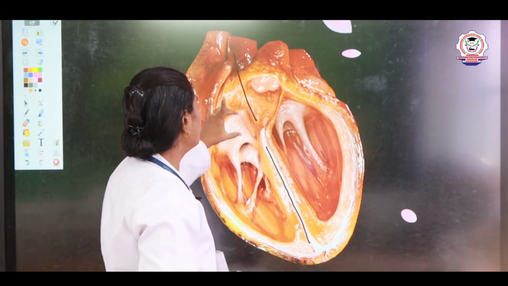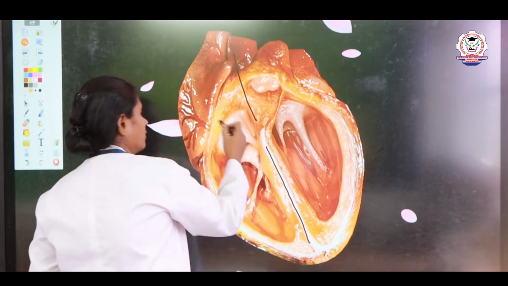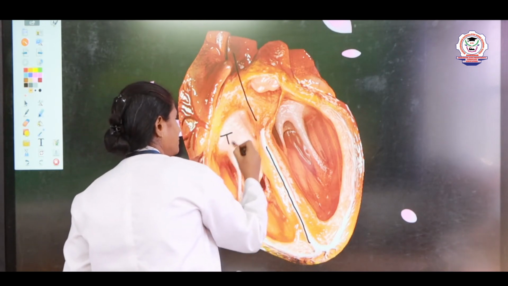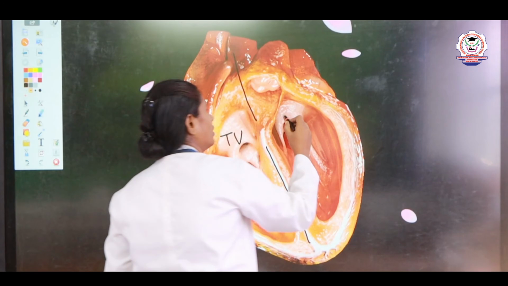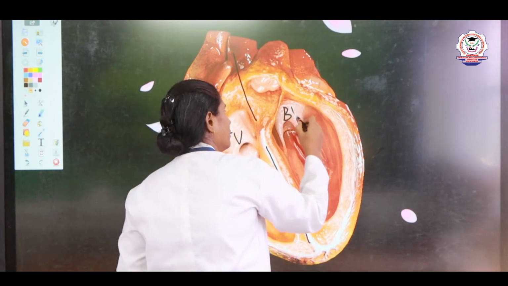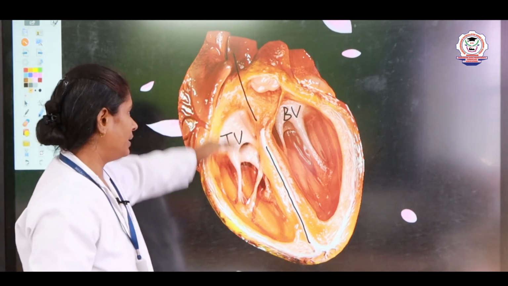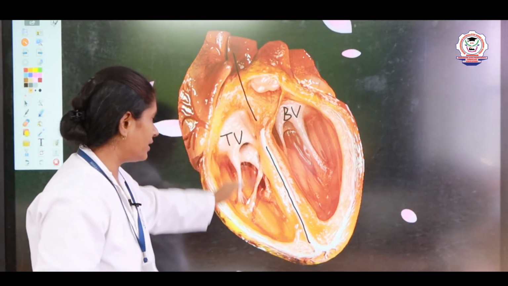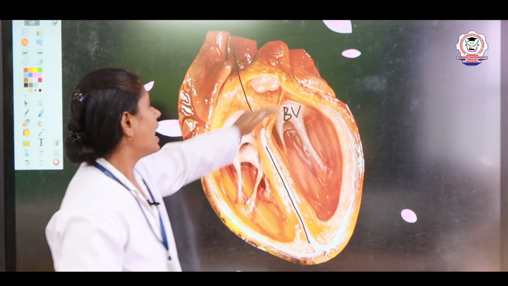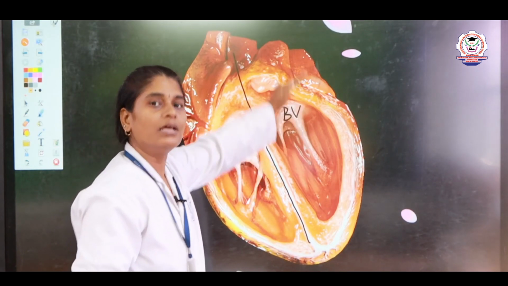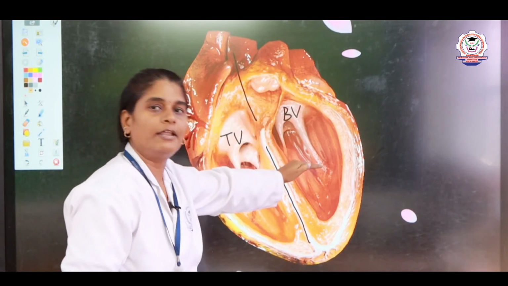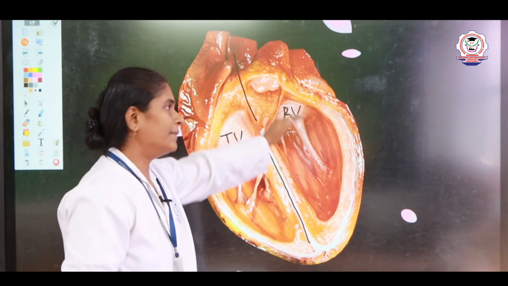So, there are 4 valves. Here we call it the tricuspid valve, and here the bicuspid valve. The valve present between the right atrium and right ventricle is known as the tricuspid valve, and the valve present between the left atrium and the left ventricle is known as the bicuspid valve.